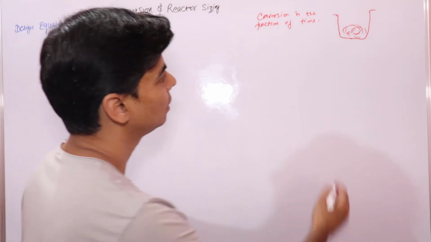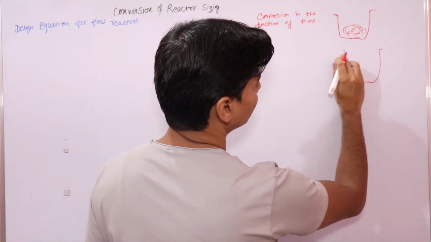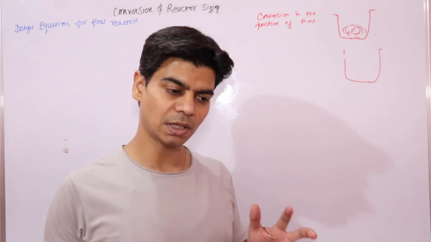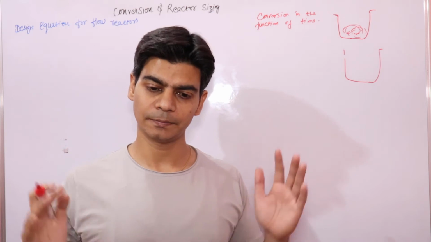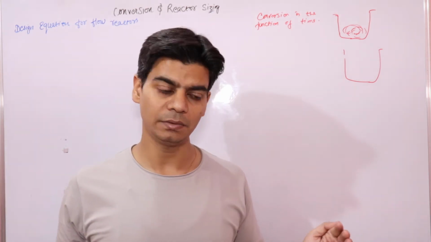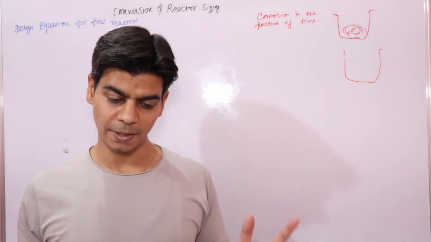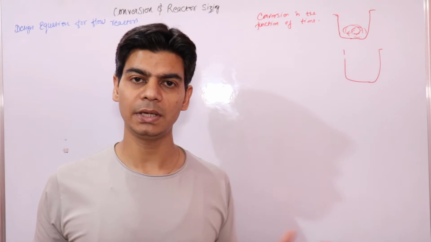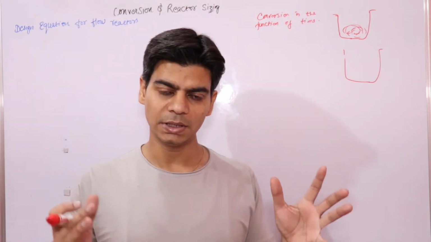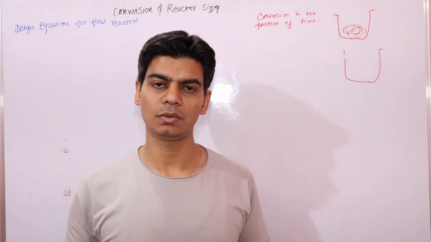Now since we are dealing with flow reactors, let's see how flow reactors are different from batch reactors. If we have a flow reactor, say like this, flow reactors means there is continuous flow of reactants and products in the reactor. Continuously reactants are flowing in, products are flowing out. And at the same time, the reaction is taking place inside the reactor. This is important to understand.